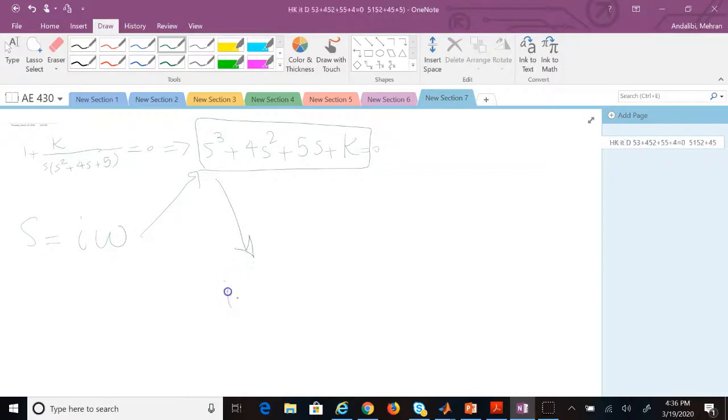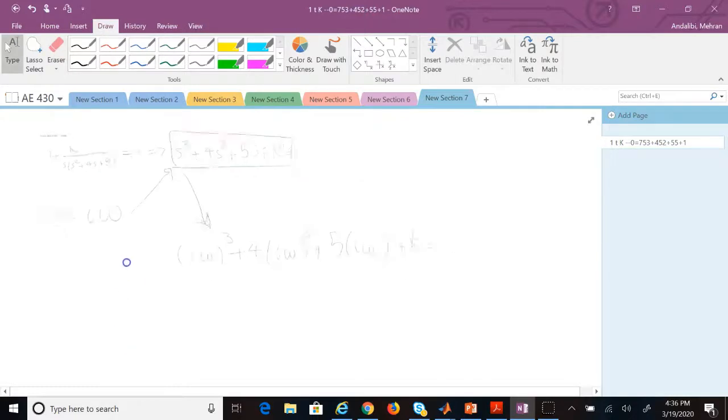It's going to be (i omega) cubed plus 4 (i omega) squared plus 5 times i omega plus k is equal to 0. So that's what I have. Let's simplify this a little bit, as I know you love complex numbers.